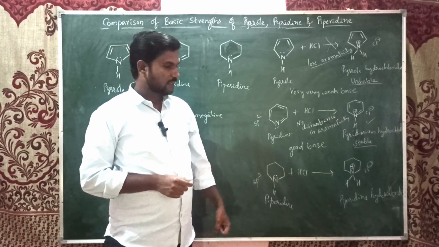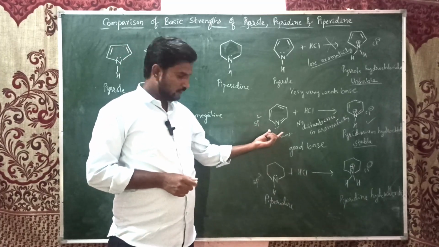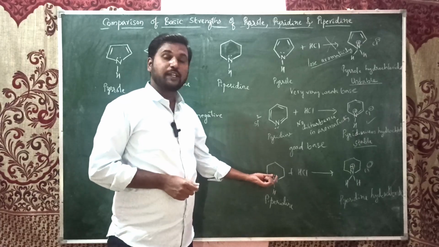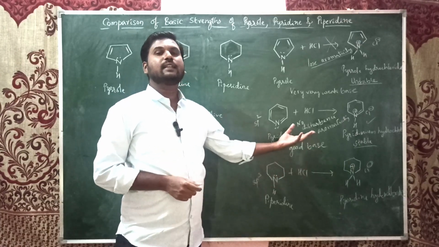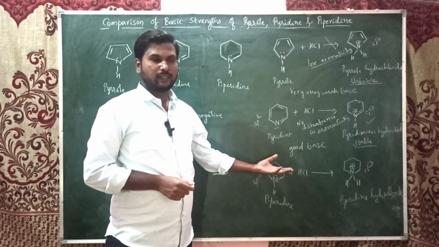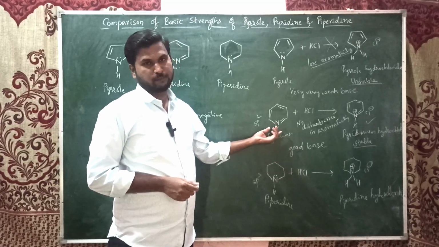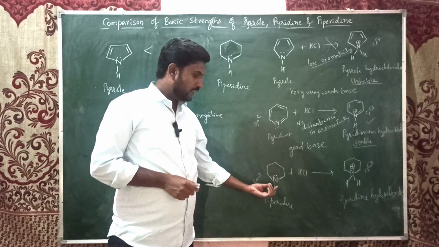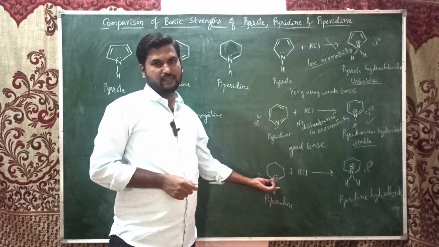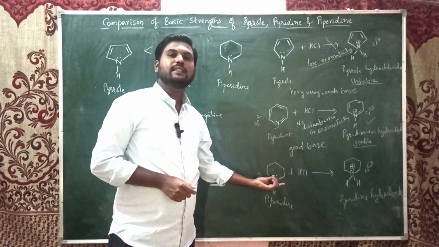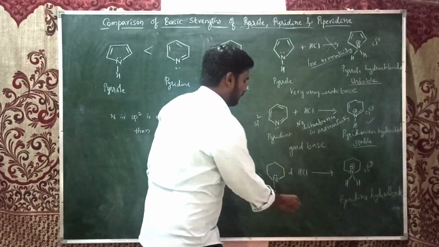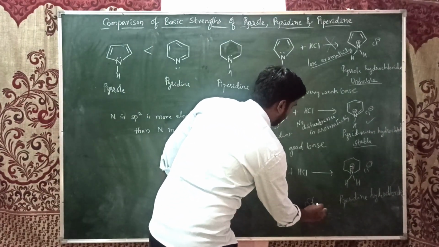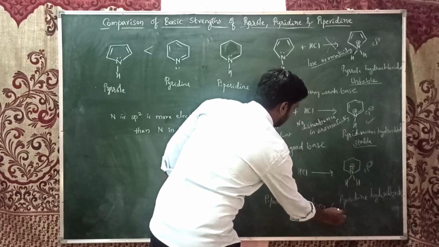You got this? These electrons are also available, but those are very much available and can easily be given to other orbitals, but these electrons cannot. Hence this is a weaker Lewis base, that is a stronger Lewis base. So piperidine becomes a very strong base.